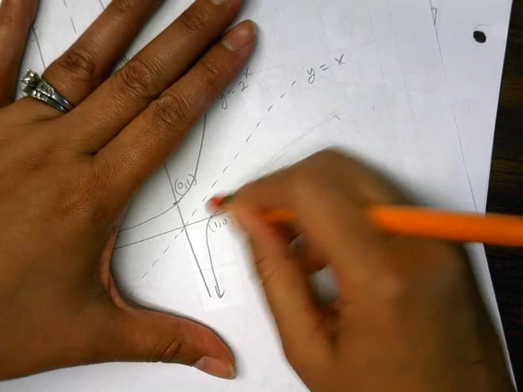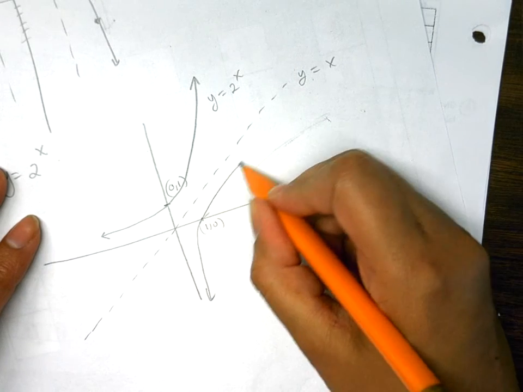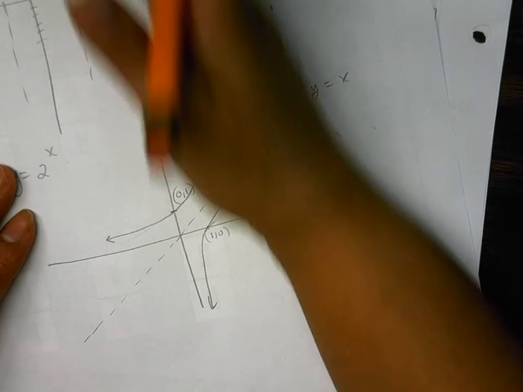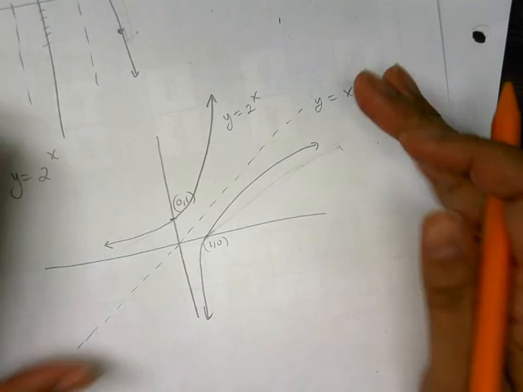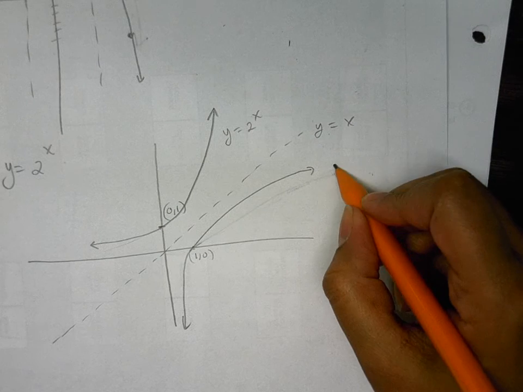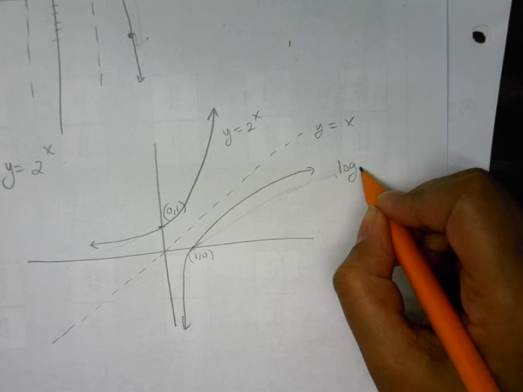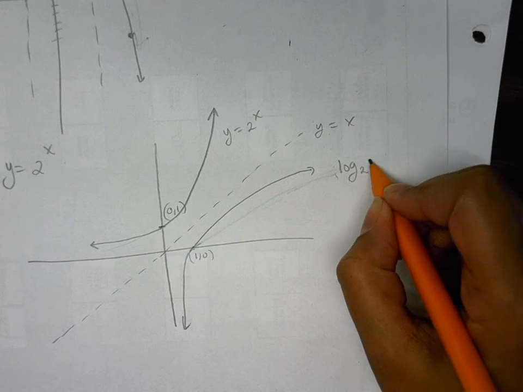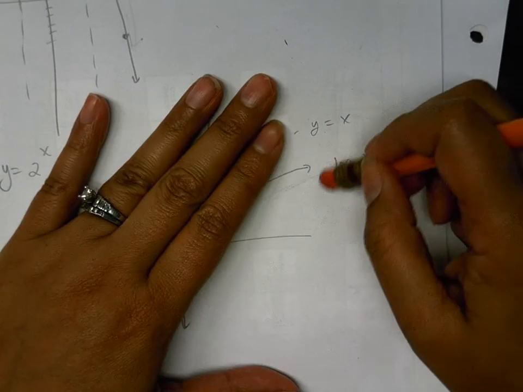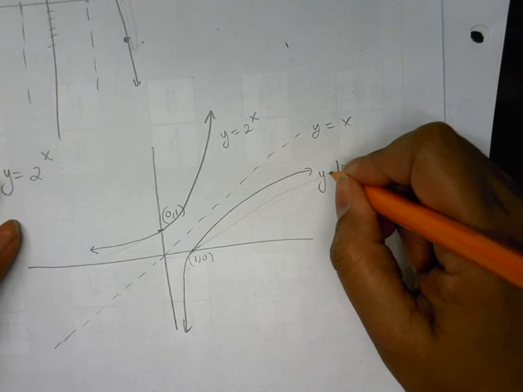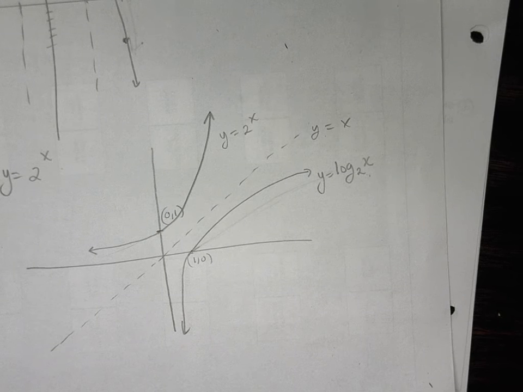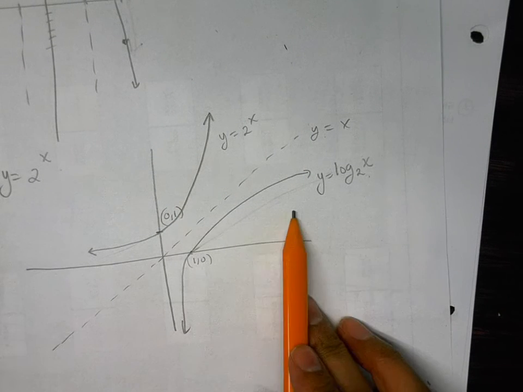Like a parabola, it makes it increase at a faster rate, so it's shooting up faster, wider, thinner type stuff. So this is log base 2 of x. So that's how log functions change. Log functions are inverse functions of exponential.